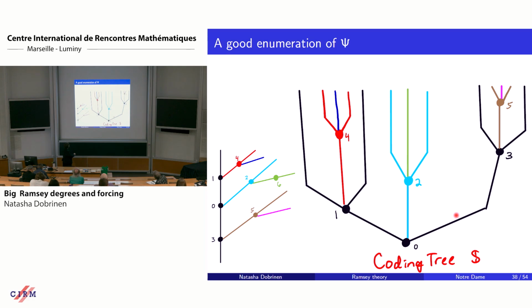I could be above it, which is in this interval. Or I could be starting a new ray, which is here. Okay. So you notice that the coding tree that gets induced by the pseudo-tree has only the particular nodes that are coding nodes are branching and everything else is not.